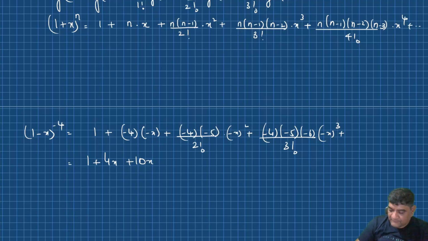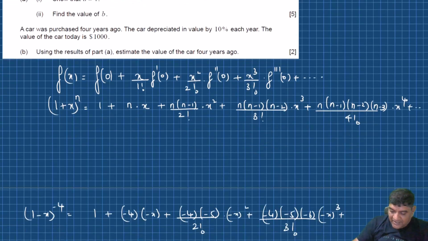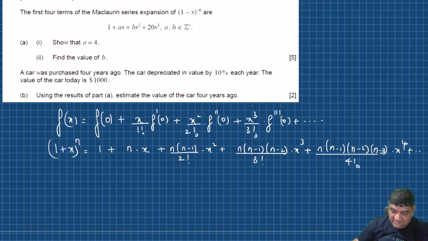However, there's a negative over here, so 6 factorial, 6 is nothing but 3 factorial, but the negative will remain, and hence it is going to be a positive 20x cubed. Negative, negative into negative, and another negative, so overall it becomes a positive term. So that is it. If I look at this one, I can directly say that the value for a is 4 and the value for b is 10.